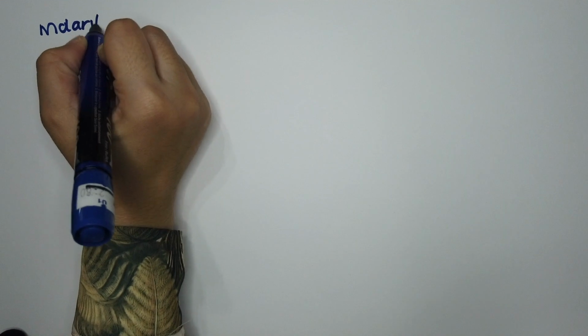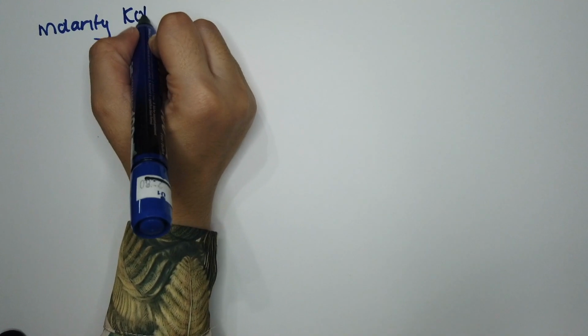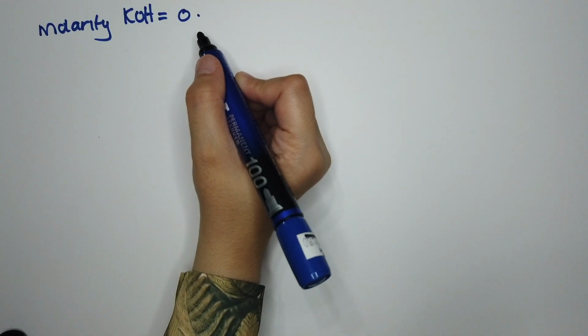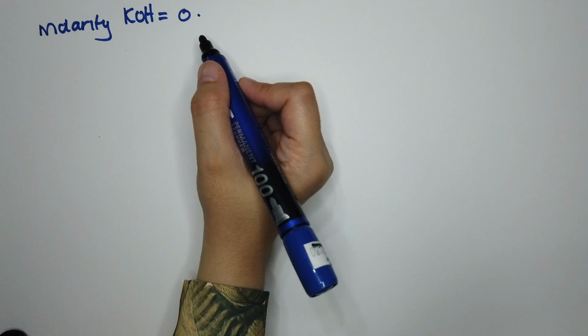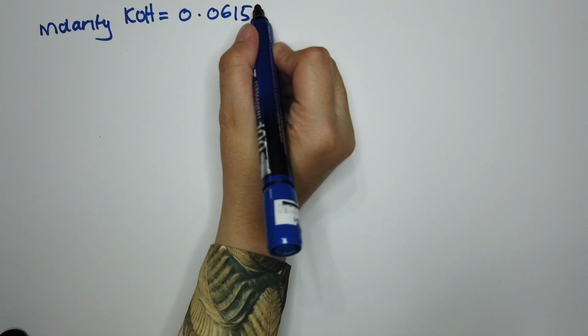Okay, now we already have calculated the molarity. So the molarity of the excess KOH is equivalent to 0.0615 molar.